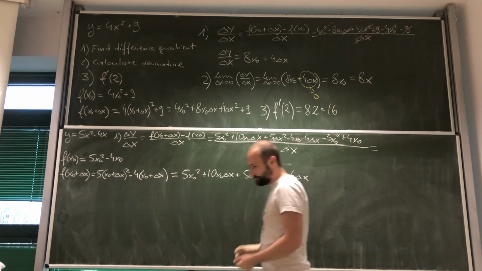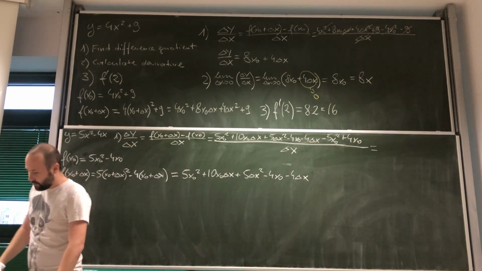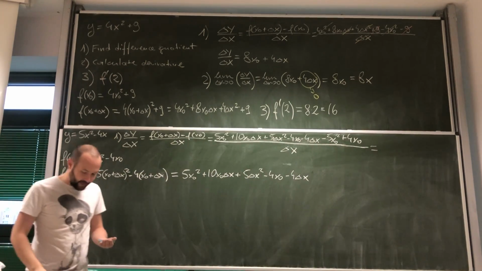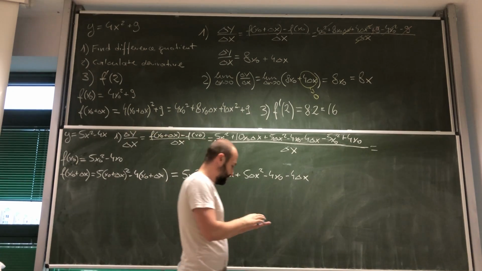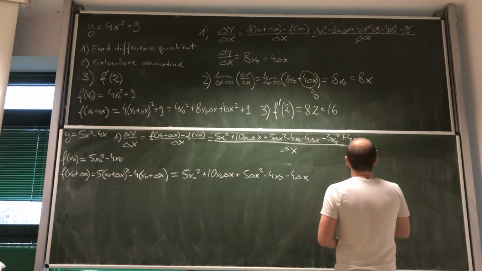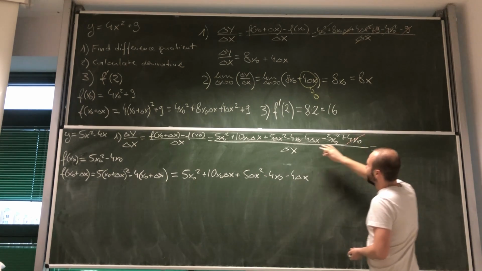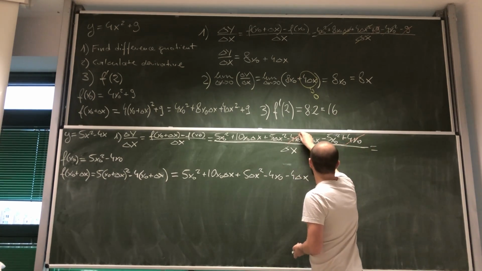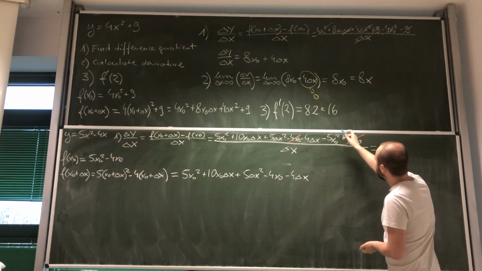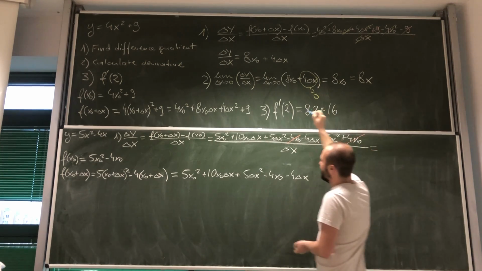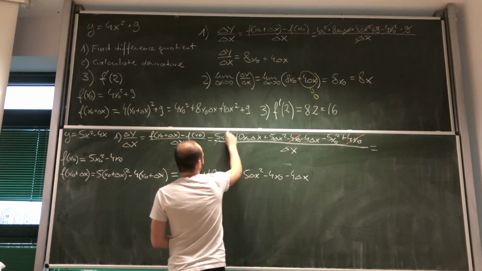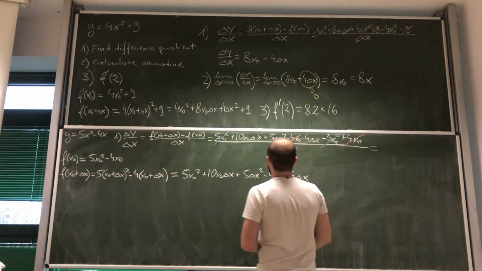And again, we can now see what's going to cancel each other out with what. And look, I see here plus 4x0, here I see minus 4x0. Here I see minus 5x0 squared, here I see 5x0 squared. So those cancel each other out.